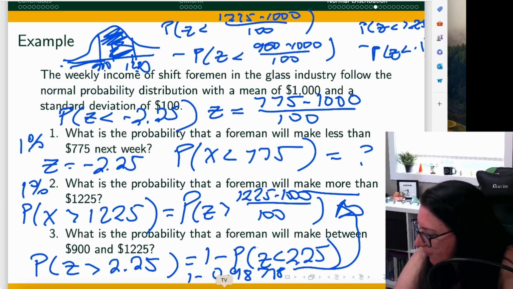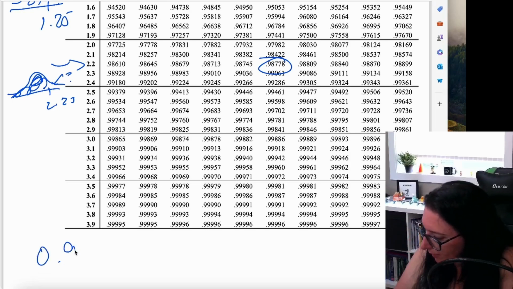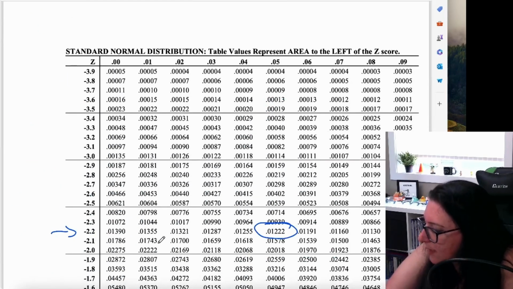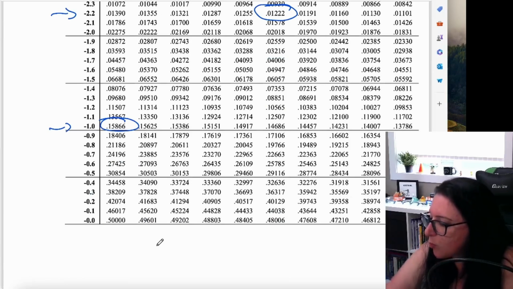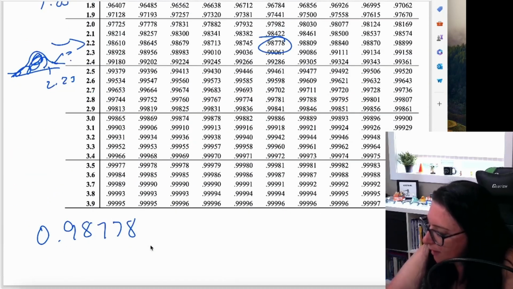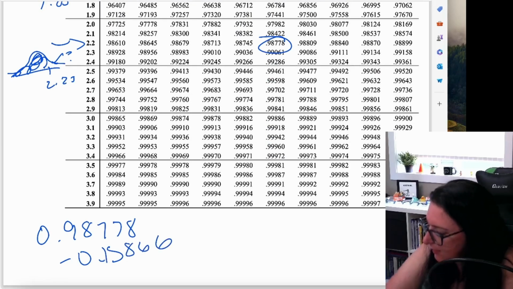All right, so let's go to the table. And we have 2.25 is that 0.98778. The probability that we are less than negative 1 is 0.15866. So let's take this number and subtract 0.15866.